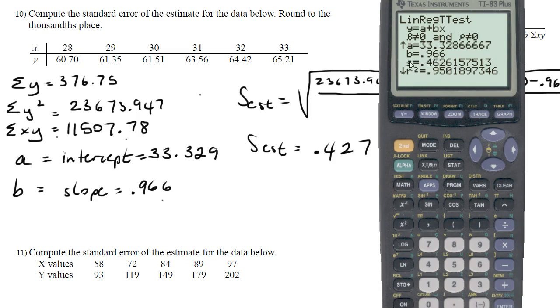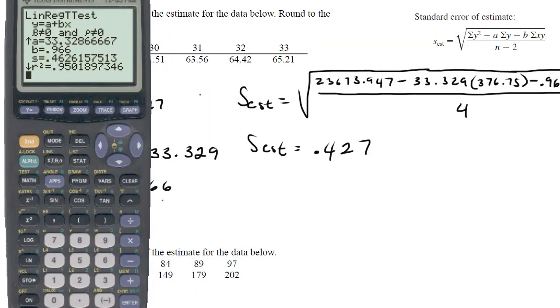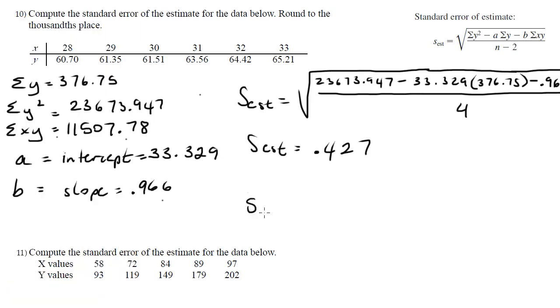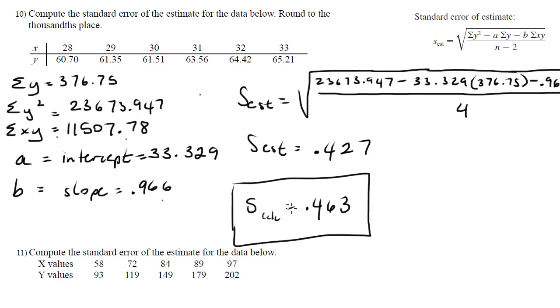So s is, the completely accurate value, 0.463 from the calculator. That's what I should have gotten. Again, I'm not sure why. I'll take another look at it a little later, and maybe I'll update the video if I find something.